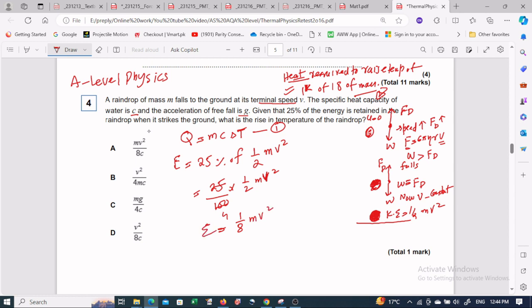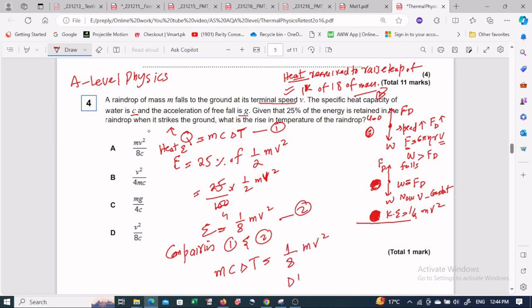Now we can compare these two equations, because heat is also a form of energy. Comparing equation 1 and 2, we get mc del T equal to 1 over 8 mv square.